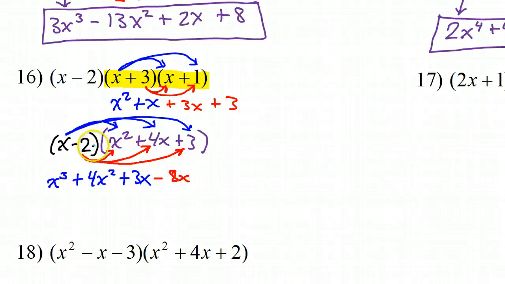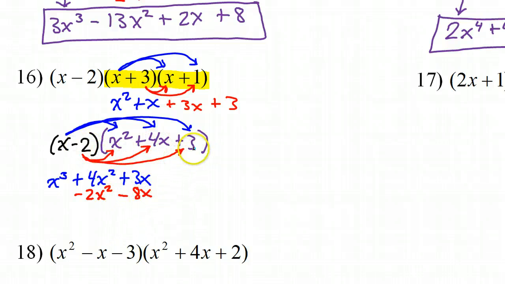Wait, okay, I knew I was messing up something. Negative 2 times x squared. I don't know why I'm skipping that for a second. Negative 2 times x squared is negative 2x squared. And I will go ahead and line that up then. And then negative 2 times 4x is negative 8x.